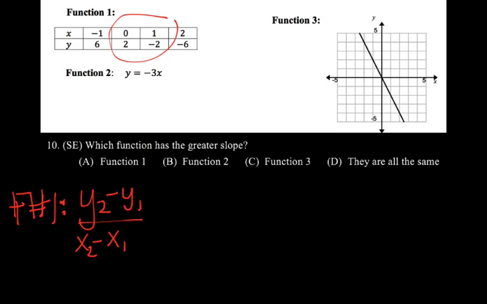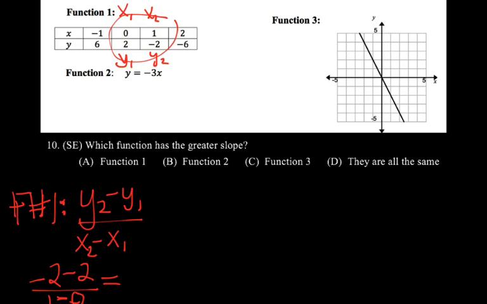So pick 2 points, doesn't make a difference. y2 minus y1 would be negative 2 minus 2. x2 minus x1, so these are going to be my x2, y2, x1, y1, just so you can keep track of what I'm doing. So y2 minus y1, x2 minus x1.